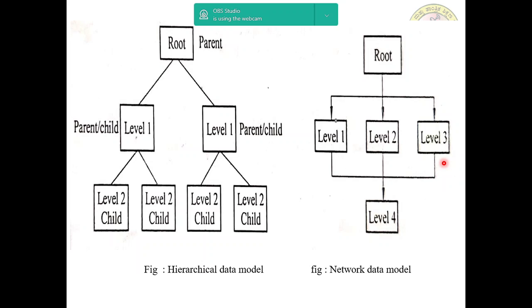A network node can have relationships with multiple entries. In this network database model, the main characteristic is that it overcomes the drawbacks of the hierarchical model by establishing more relationships through multiple paths.